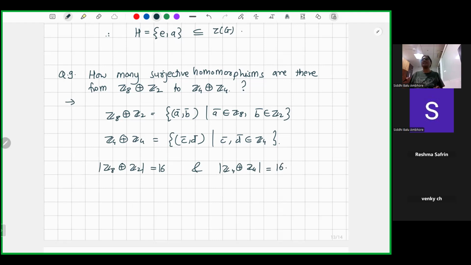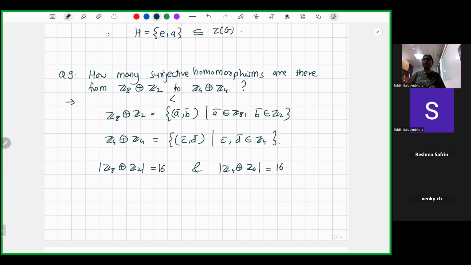First check the cardinality. If the cardinality of the domain is lesser than the cardinality of the codomain, then surjectivity is not possible. But in this case, both the groups have the same cardinality.